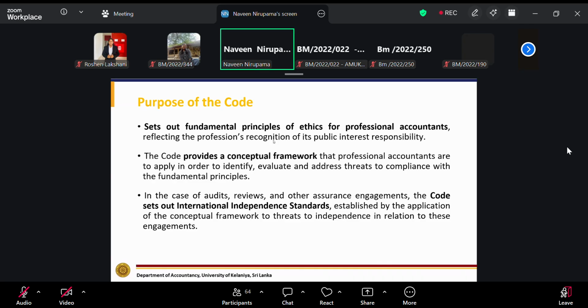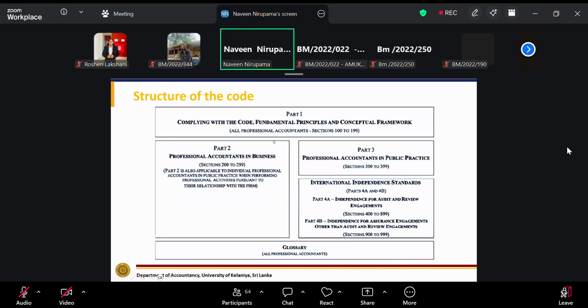And here you can see the structure of the codes. There are mainly four parts we have to study in this course: fundamental principles and conceptual framework, which we have to discuss, and also part 2, professional accountant in business, part 3, professional accountant in public practice, and part 4, international independence standards.